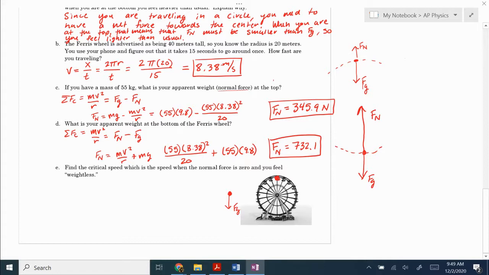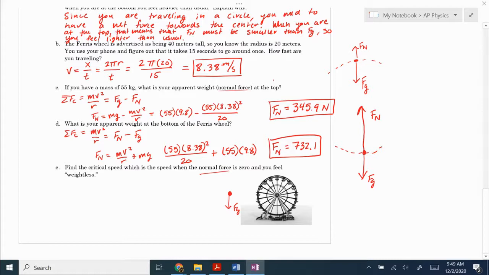This is relative to a Ferris wheel. It becomes slightly different if it's a loop-de-loop, like a track with a loop-de-loop. Same thing is true: critical velocity is always when your normal force is zero and the only force acting on you is the force of gravity.